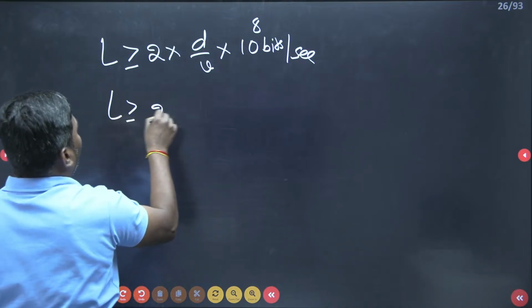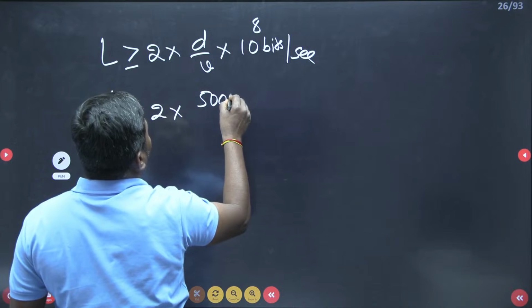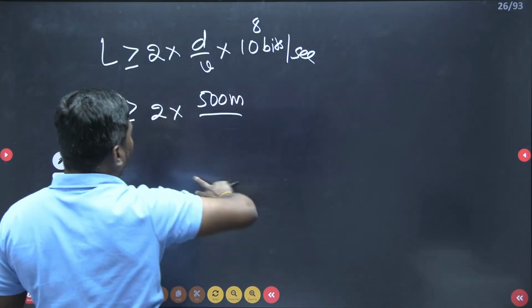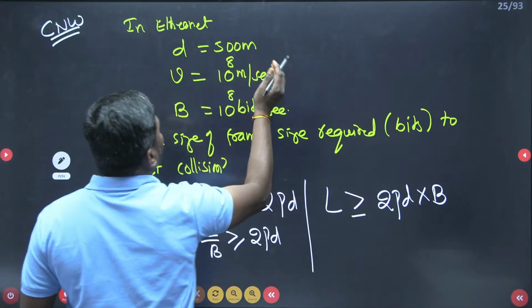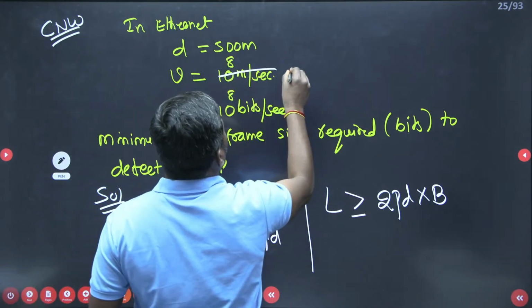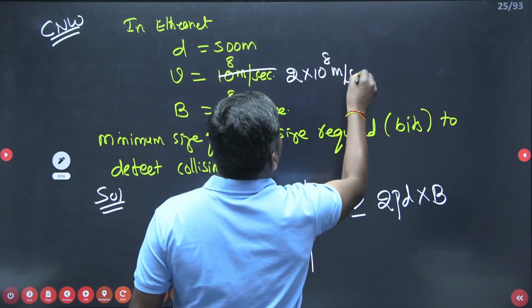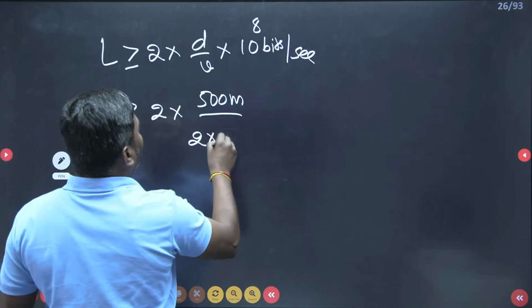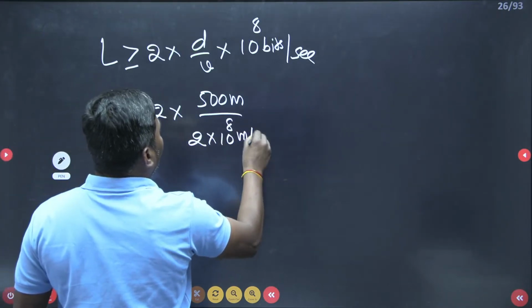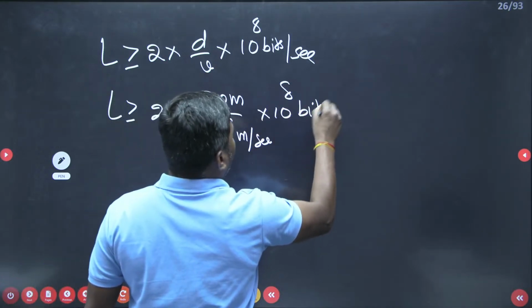L in terms of bits: 2 times the propagation delay, distance by velocity, into bandwidth, which is 10 power of 8 bits per second. L is 2 times 500 meters divided by velocity 2 into 10 power of 8 meters per second, into 10 power of 8 bits per second.